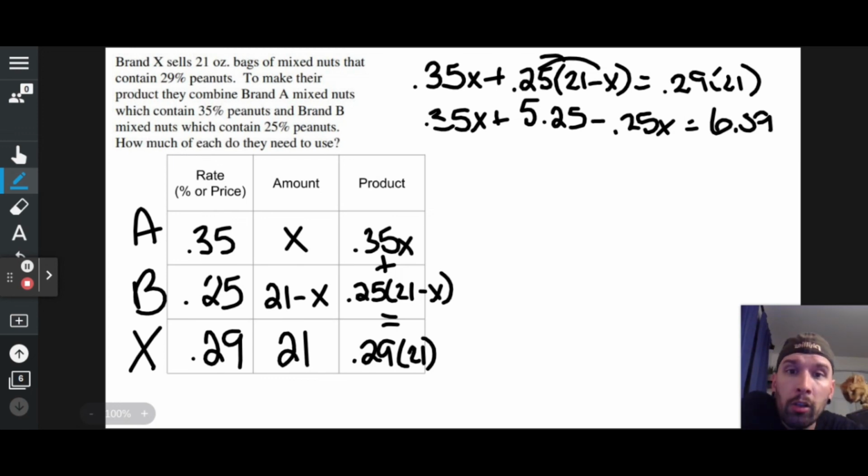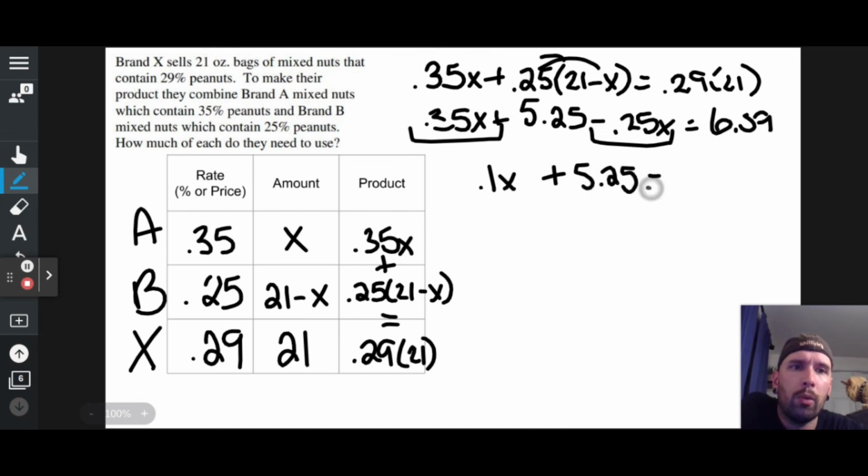Let's combine like terms. If I have 0.35x and I'm taking away 0.25x, that's just 0.1x plus 5.25 equals 6.09.